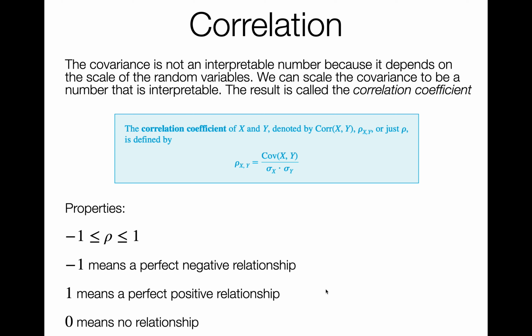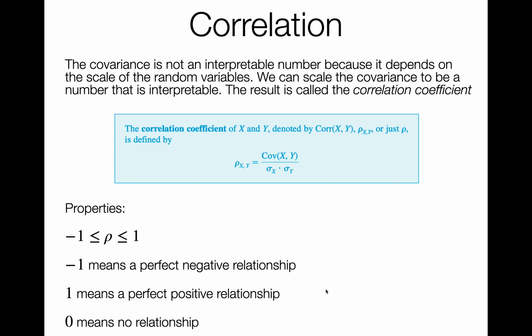The properties of the correlation coefficient are as follows. It can be between -1 and 1 inclusive. So it can include both endpoints. A -1 correlation coefficient means a perfect negative relationship. And so what do we mean by perfect?